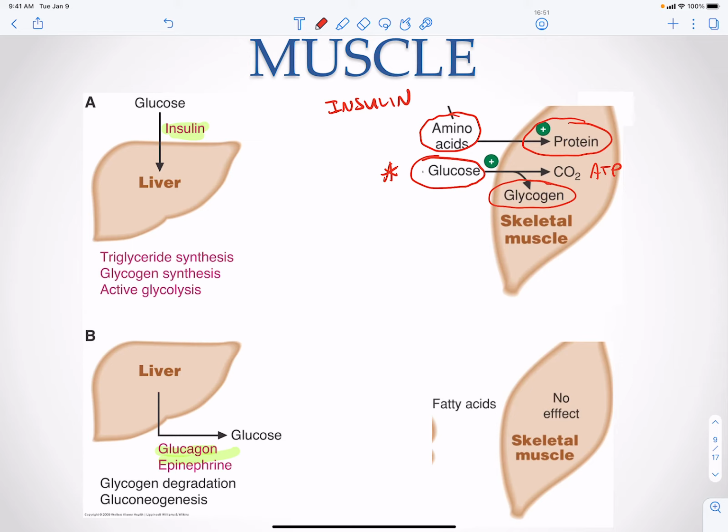it has epinephrine signaling, but so we'll cross out epinephrine with respect to this, but with glucagon signaling, you're going to have no effect. Muscles do not have any, so they have no glucagon receptors.